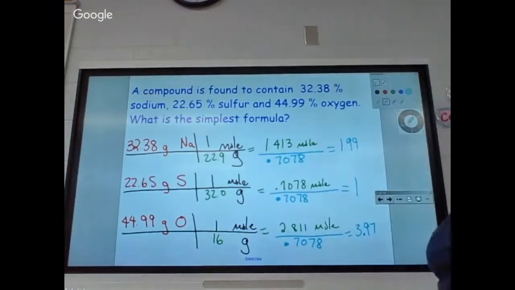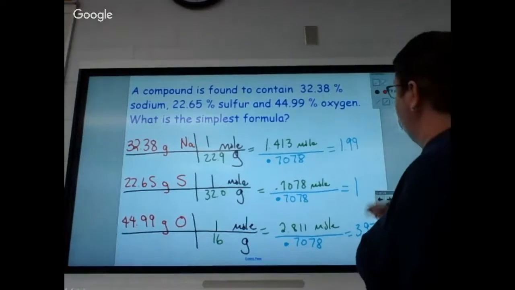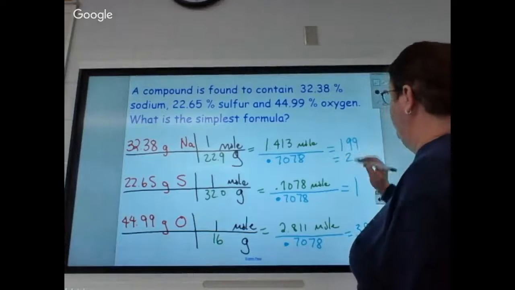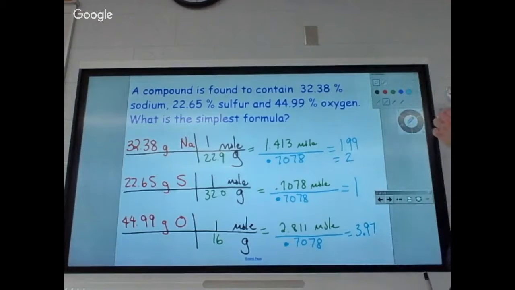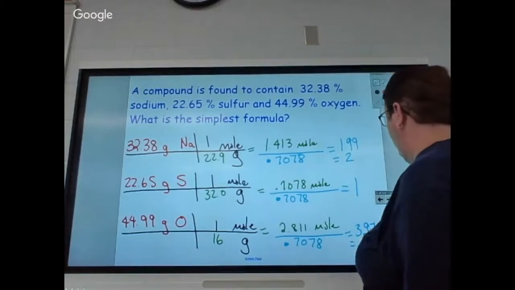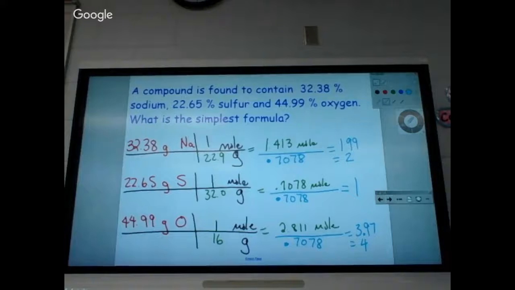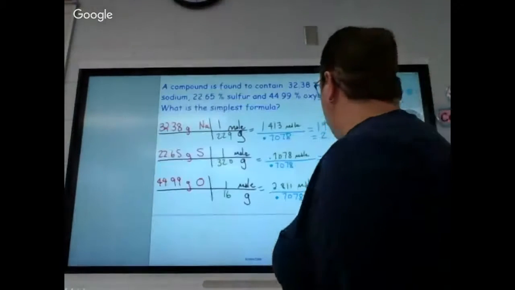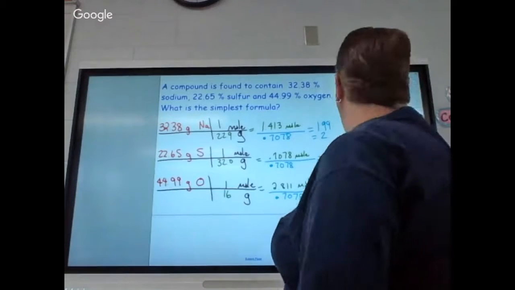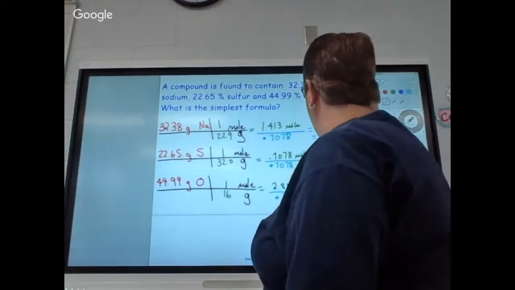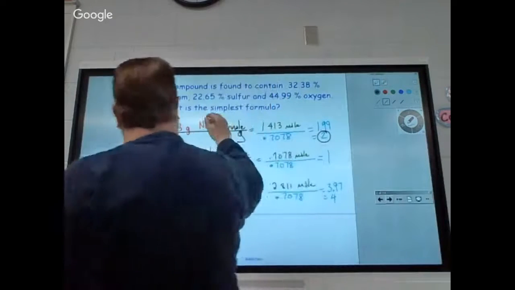Okay. Now, what is 1.99 the same as? It's the same as 2. What's 3.97 the same as? 4. Now, the last step is to do what? Write the formula. All right, so this 2 came from what?